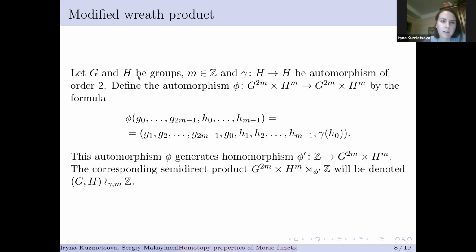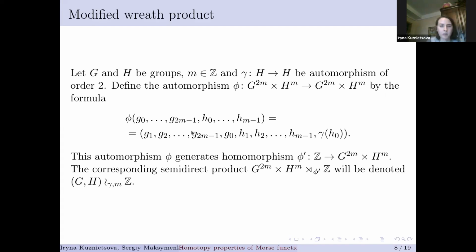So let G and H be groups, m an integer, and gamma an automorphism of order 2. Define the automorphism of G to the power 2m, it's important that it's 2 here, times H to the power m in itself by the formula.